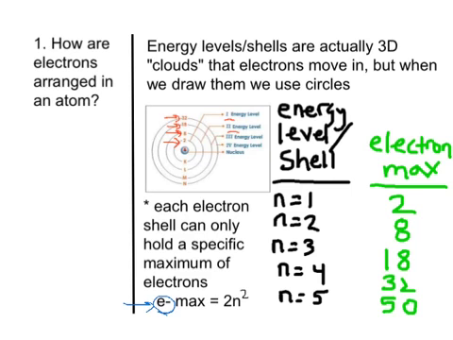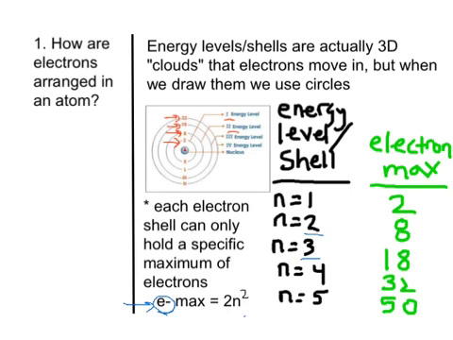Okay, so we can see that in the second shell, 2 squared is 4, and 4 times 2 is 8. Same thing with the third shell. 3 squared is 9, and 9 times 2 is 18. So it happens in that same pattern for every energy shell that there is.